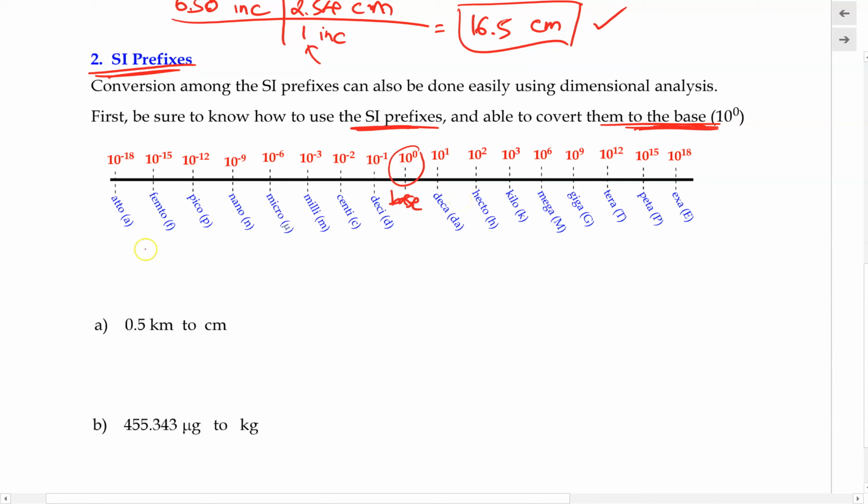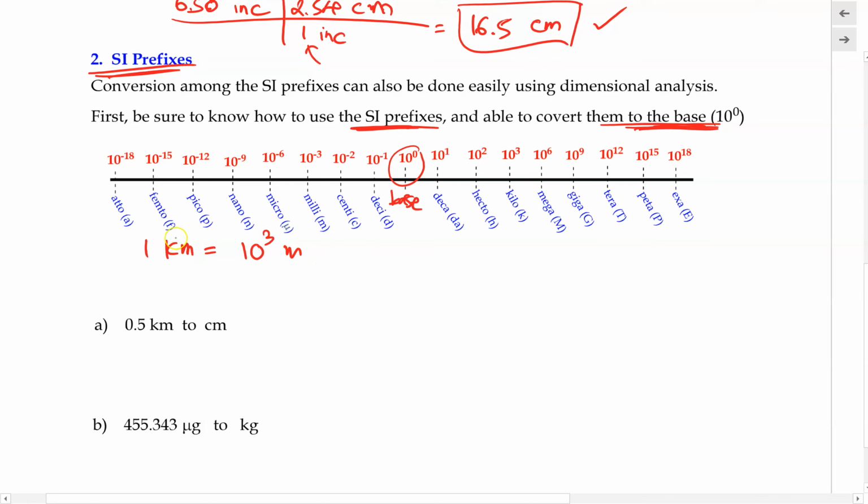For example, 1 kilometer equal to 10 to the 3rd meter, right? So make sure you know how to come up with this conversion factor. This is quite easy because we simply see the 1 here is 1, and now kilo refers to 10 to the 3rd, followed by meter.